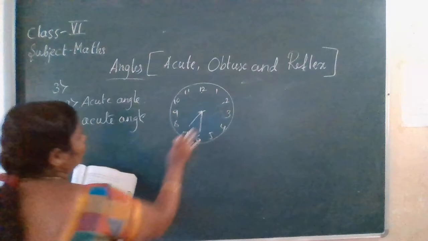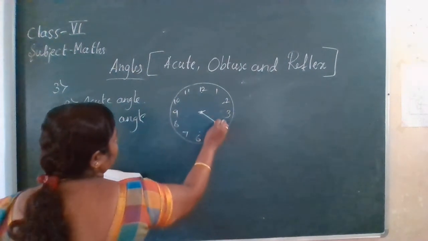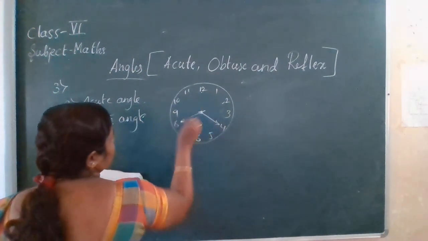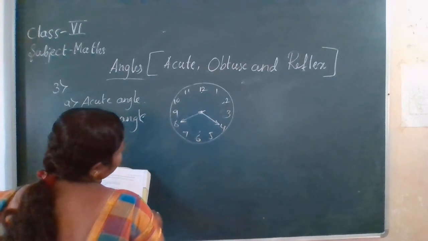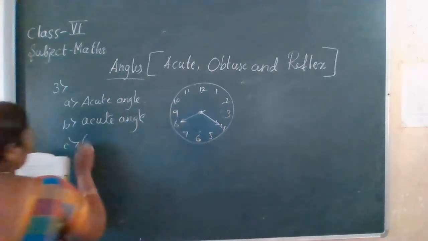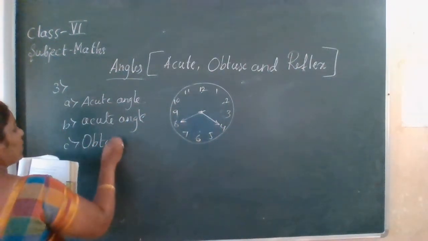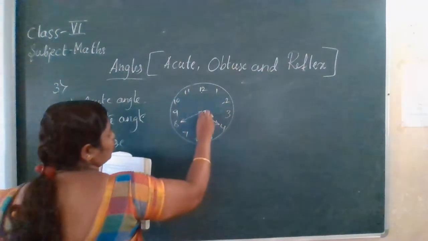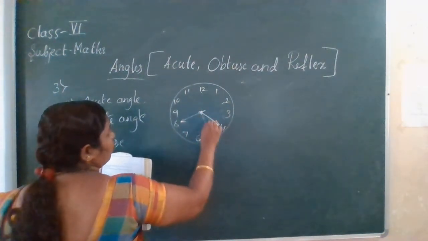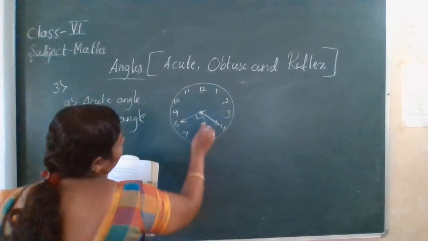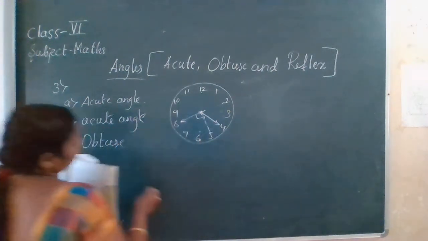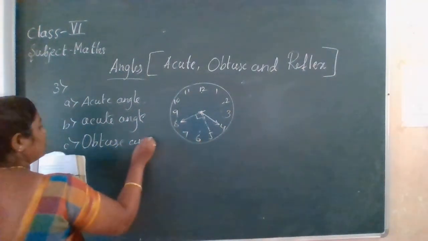C, from 4 to 8. Which type of angle is this? This is obtuse. This is 90 degrees, so more than 90 means this is an obtuse angle.